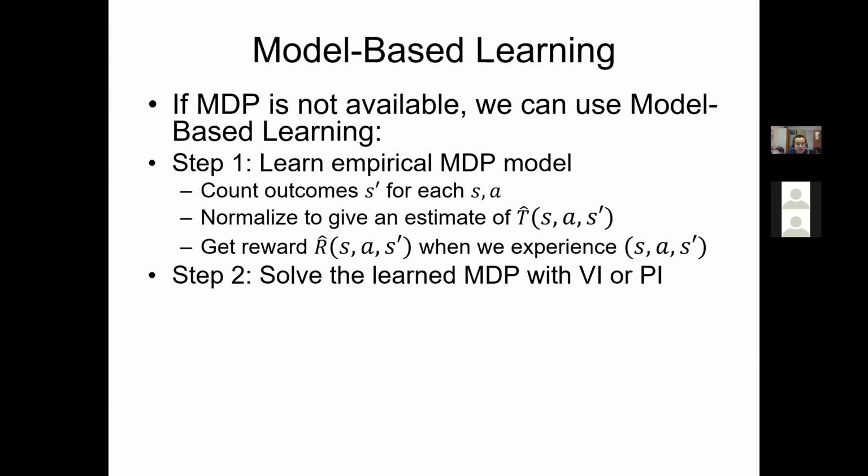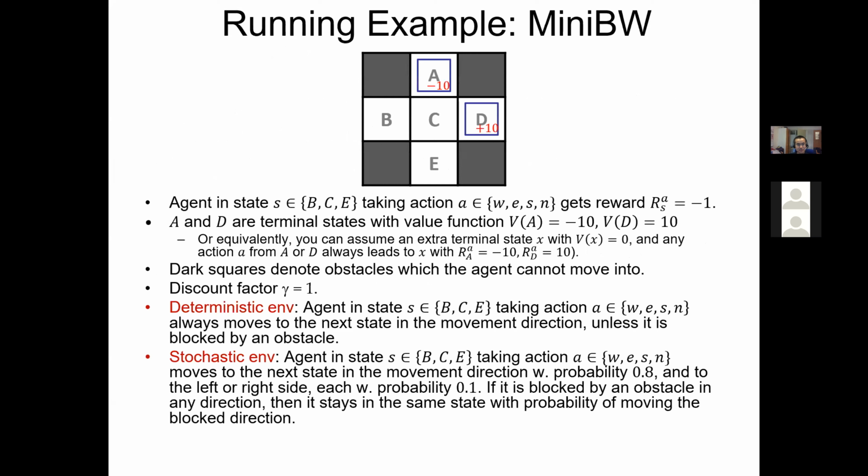That is, you learn an empirical MDP model, you count outcomes s prime for each state and action, and then you normalize to get an estimate of T hat, the transition. I should use different notation. And then you get the reward R hat. And then given the estimated MDP model, you solve it with value iteration or policy iteration.